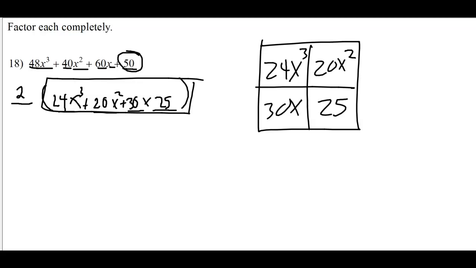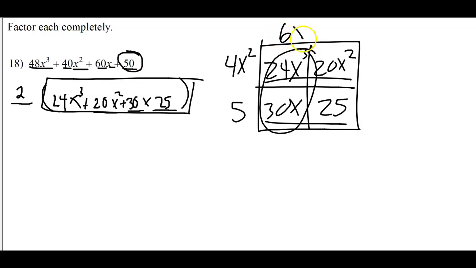And then we just factor out what each row and column has in common to find the greatest common factor. So for those two, I think the biggest thing that goes into both of those would be 4x squared. For these two, 5. For these two, thinking probably 6x.